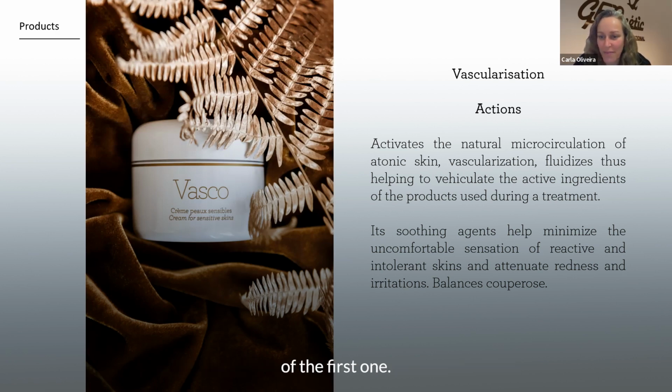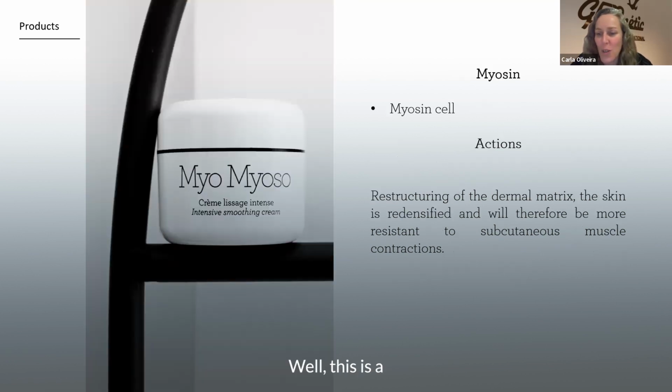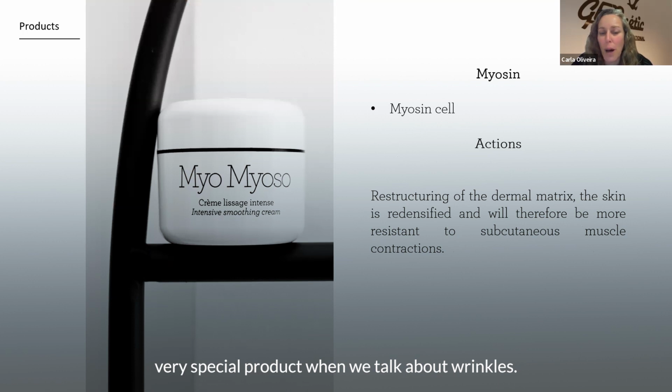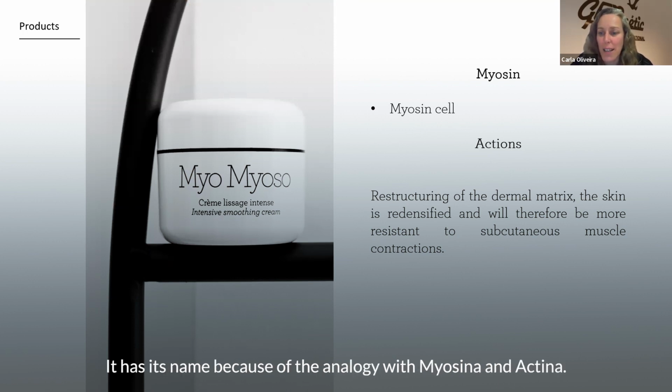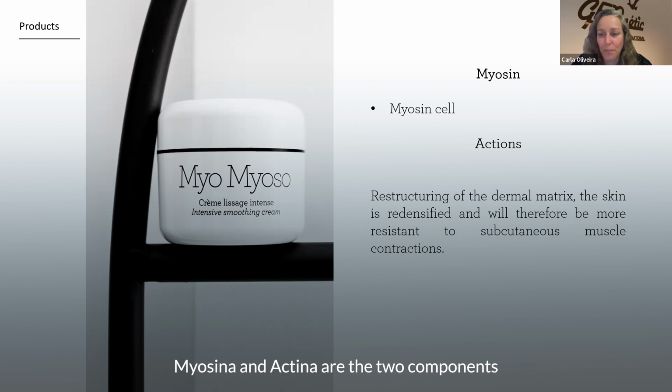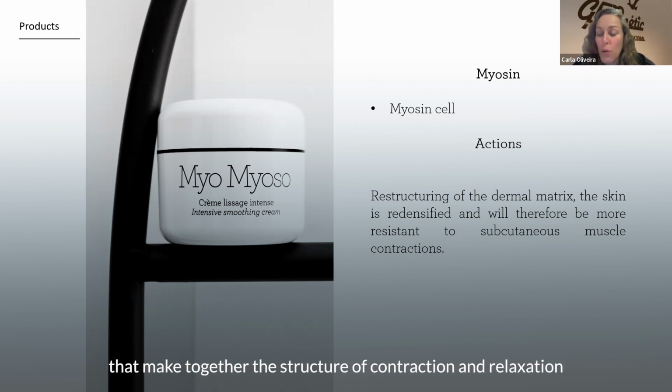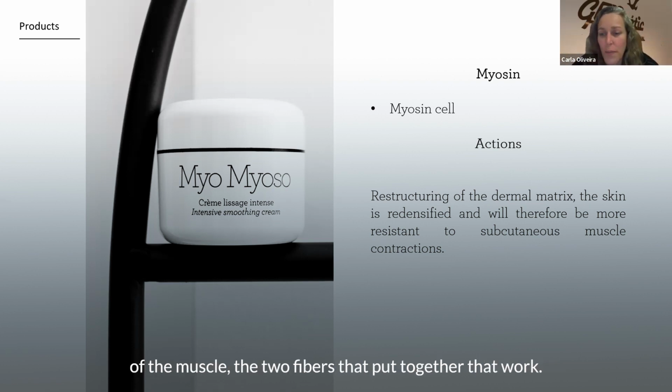Well, this is a very special product when we talk about wrinkles. It has its name because of the analogy with myosina and actina. Myosina and actina are the two components that make together the structure of contraction and relaxation of the muscle.